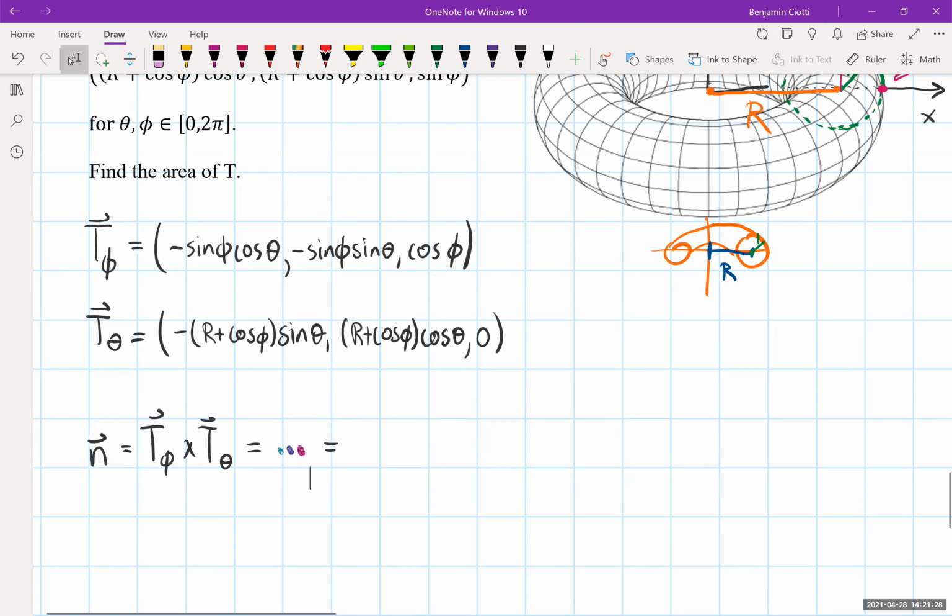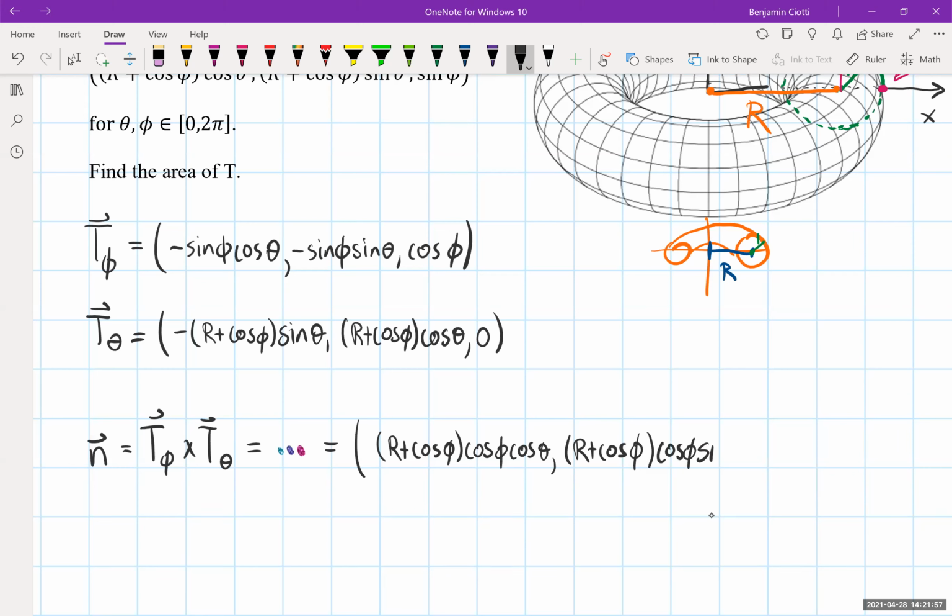So I'll leave that for you to verify, and I'll just tell you that the result is that n is ((R + cos φ) cos φ cos θ, (R + cos φ) cos φ sin θ, (R + cos φ) sin φ).